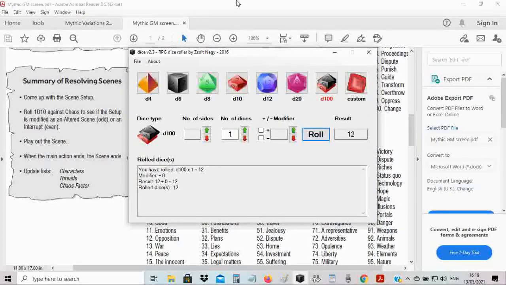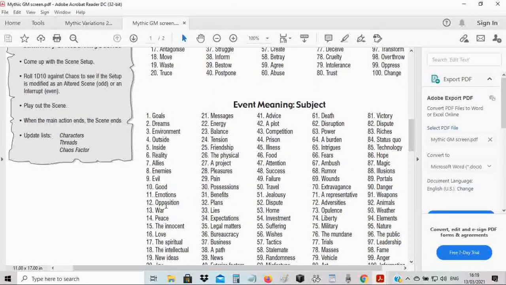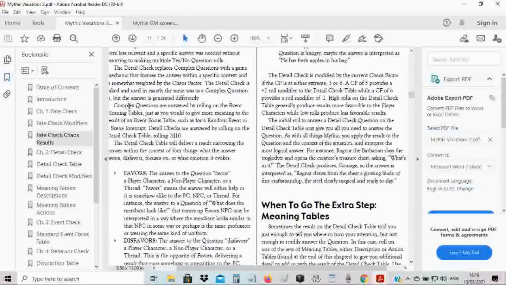Next roll. 12. Work hard, opposition. Now, this can mean that the bad guys that are opposing us are working hard. Maybe they're building fortifications and walls and castles and stuff to make sure that we, the heroes, can't easily attack them. But that's different here.